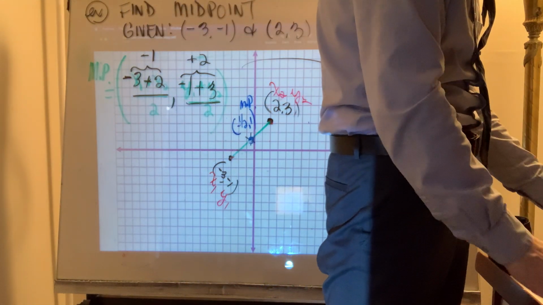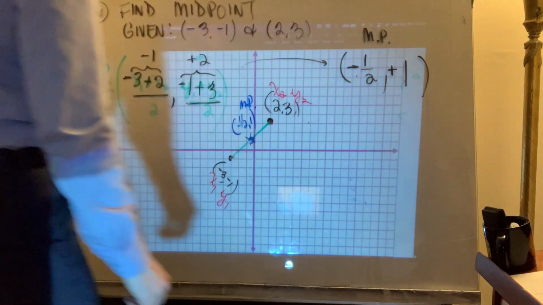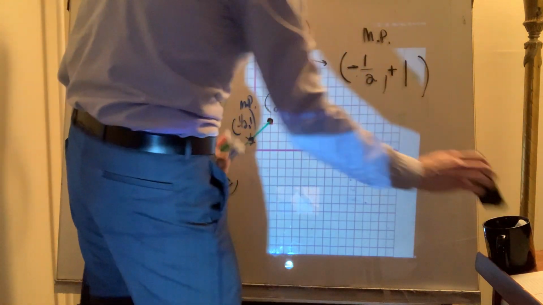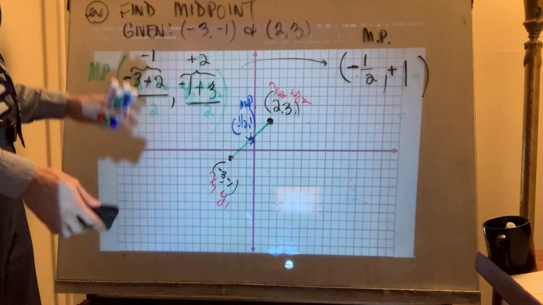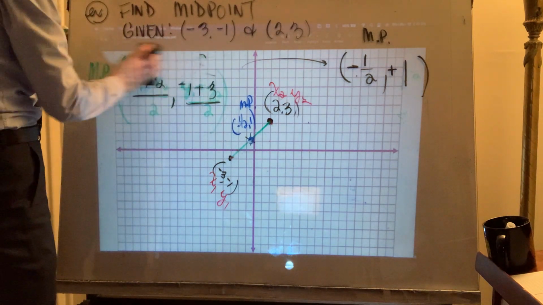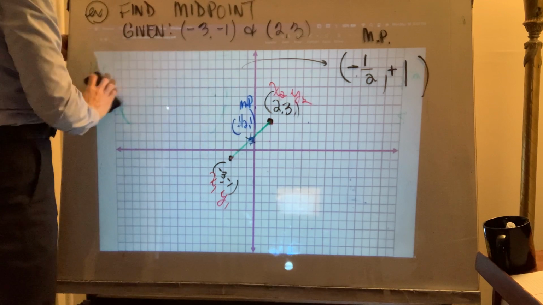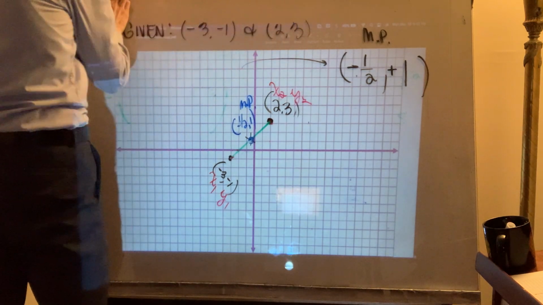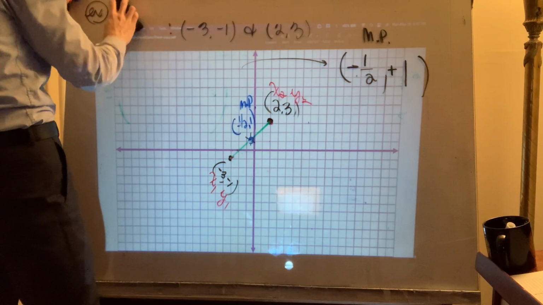Now, let us say hypothetically that you were asked to find the equation of a circle, but I got to draw a little bit. So let me get the gobbledygook out of the way. All right. Using these same points.